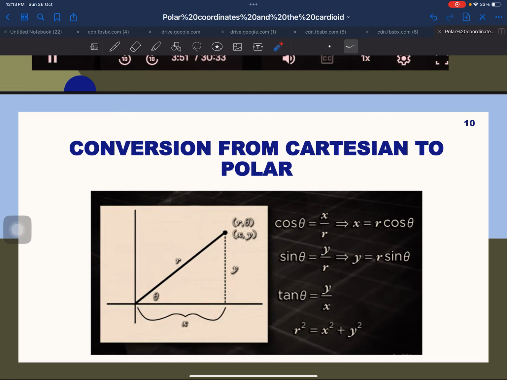And what about r squared? Well, r squared would be x squared plus y squared. In other words, r is the square root of x squared plus y squared by the Pythagorean theorem. But I want you to allow for negative r values.